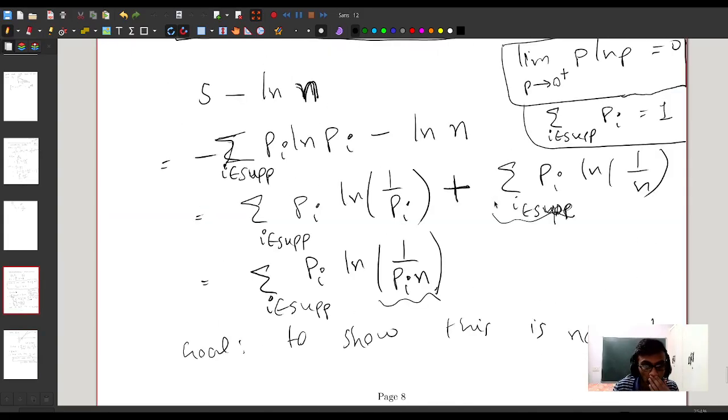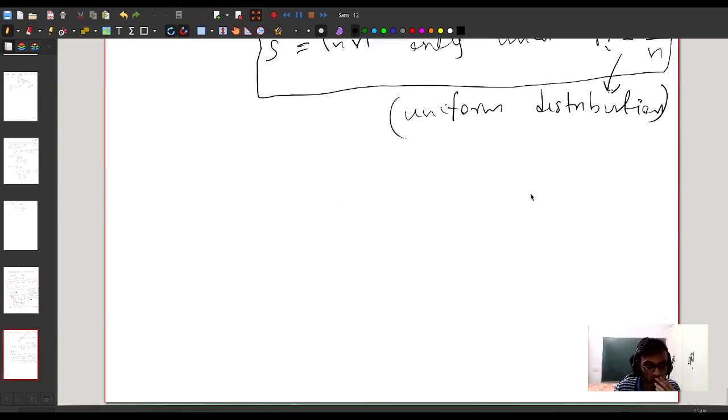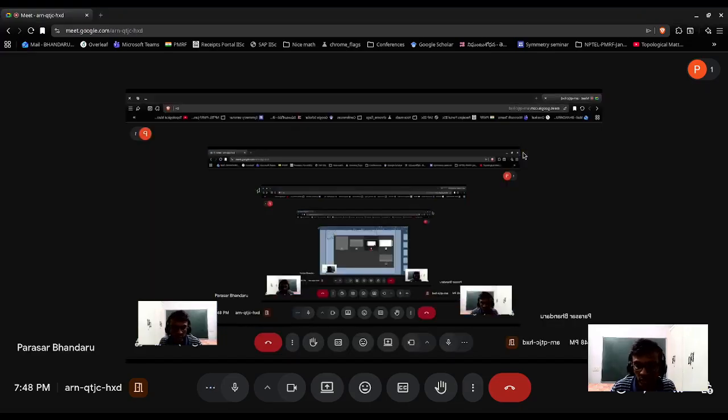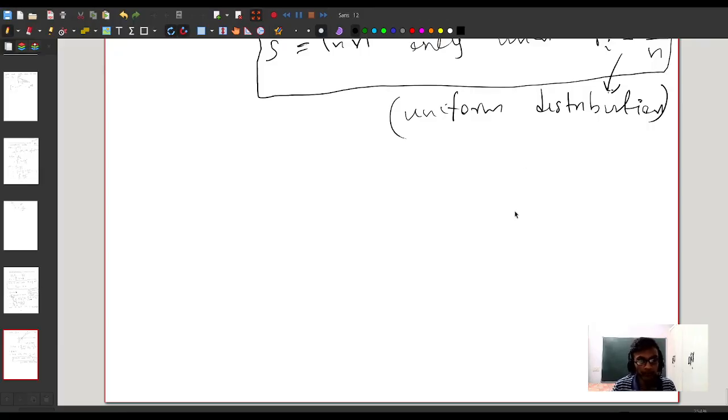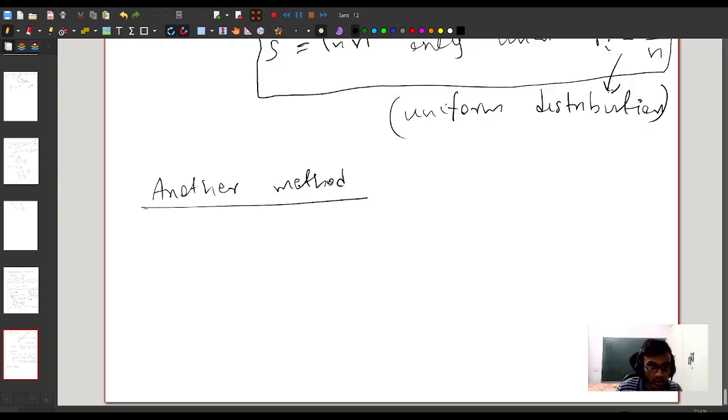So let us actually look at another method to get to this, which will be very useful in physics, in statistical mechanics. So we can state this problem as follows.